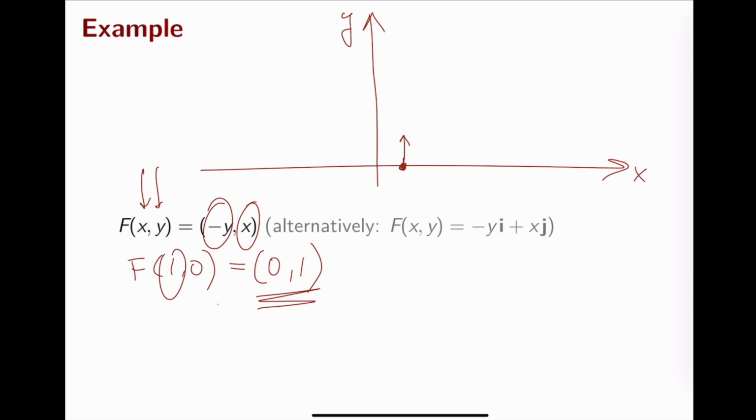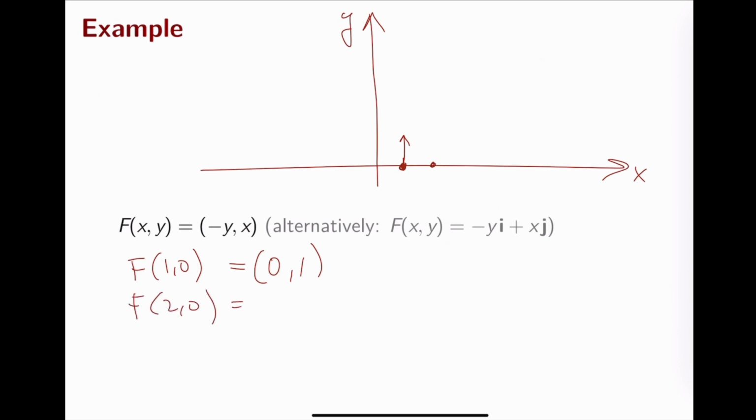Let's see what vector is associated to this other point, (2, 0). We do the same: we put 2 here, 0 here. The vector associated will be -0, which is 0 again, and x is 2, so (0, 2). At this point the vector is 0 of x, 2 of y, so it will be something like this, a longer vector.